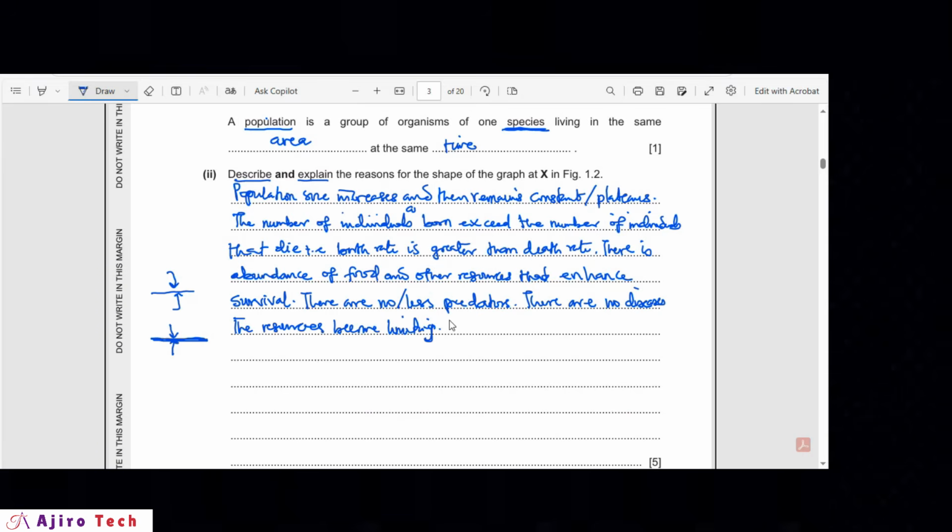You can say new diseases appeared that can also make death rate match up with birth rate. So new diseases appeared. Predation increased.